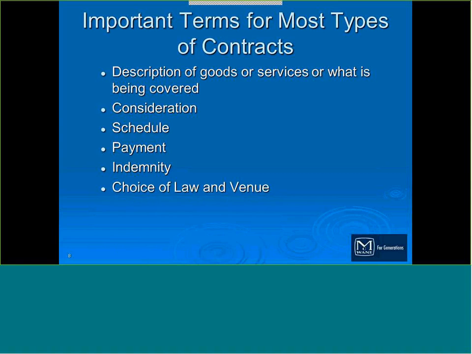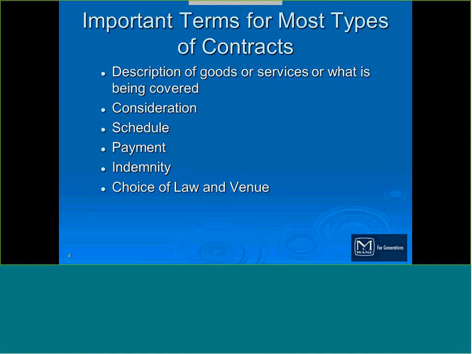Another important provision in all types of contracts would be choice of law and venue. What this means is every state in the U.S., every province in Canada, every state in India, and probably other country divisions have their own bodies of law. There may be federal laws or national laws, but there also may be state or local laws that would govern contracts.